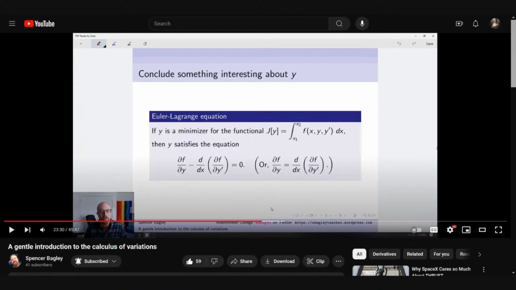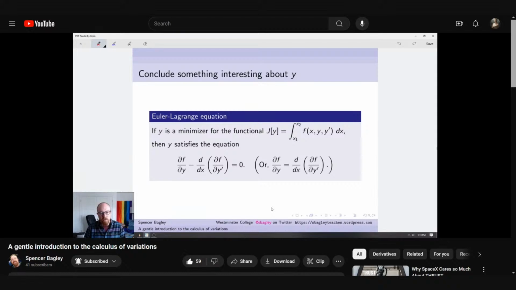If y is a minimizer for the functional J of y such that blah, blah, blah, then y satisfies the equation dF/dy minus d/dx of dF/dy' equals 0, or dF/dy equals d/dx of dF/dy'. This is what we can conclude that's interesting about y. It has to satisfy this partial differential equation.